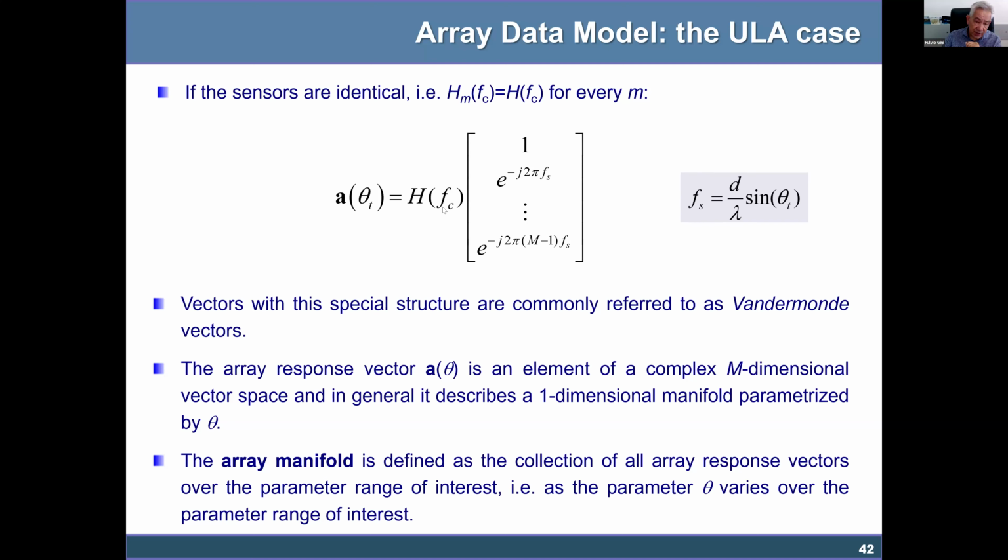So if you can make this assumption, you can bring the frequency response outside. This is a complex scaling factor, so you can absorb it in the signal complex envelope.